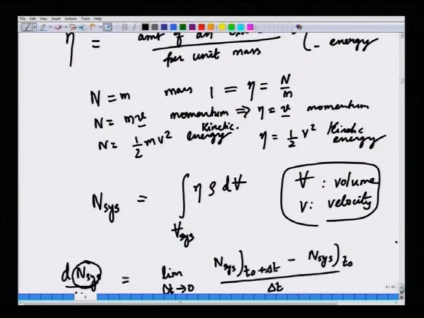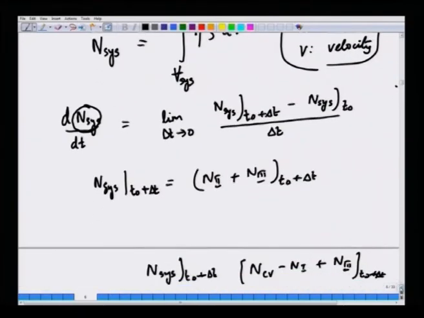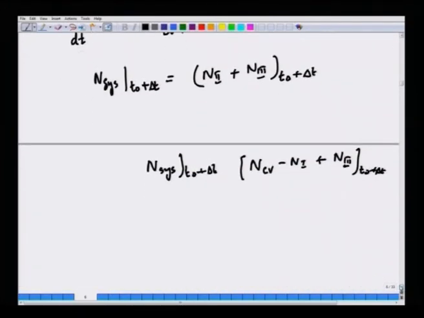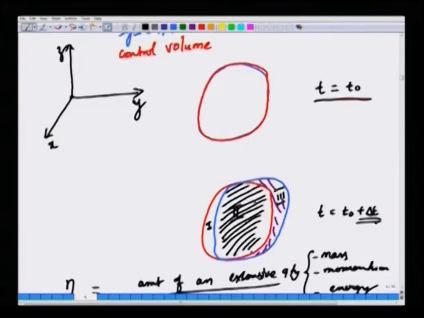So, N system at time t0 plus delta t is nothing but N CV, and N2 is nothing but N CV minus N1. Let me go here: N2 is N CV, which is the red region, minus N1, which is this yellow shaded region.